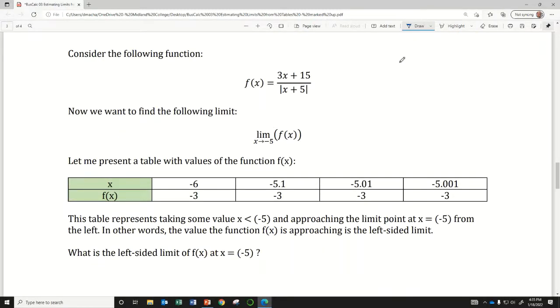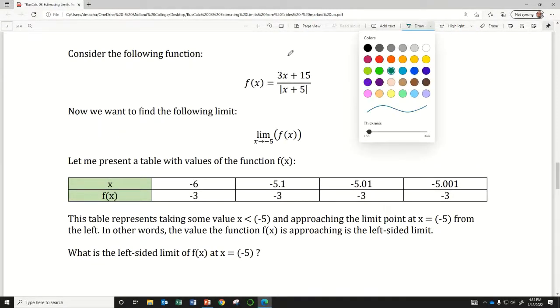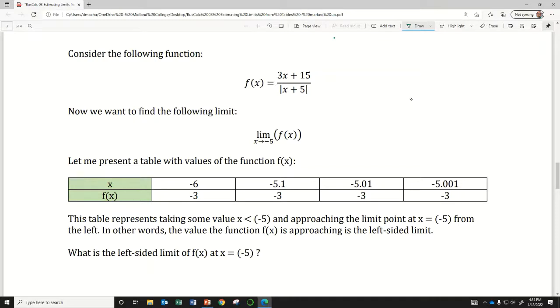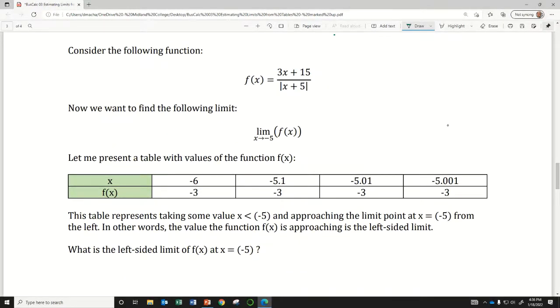Okay, let's look at another function now, just a new example. And let's take the limit as x is approaching negative 5. First we're going to look at this table of values. And so as my input values go from negative 6 and we approach negative 5 from the left side, going from negative 6 up to negative 5, let's see what happens with my output values.